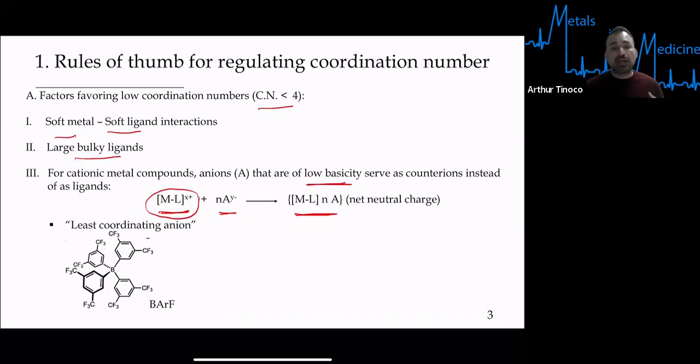Essentially, that charge is not something that has any ligation capability. One example of that I'm going to give you is this particular anion, which actually has this funny abbreviation called BARF. It's a boron-based anionic species. Its function is to exclusively serve as a counter ion and not as something that can coordinate to the metal center itself.